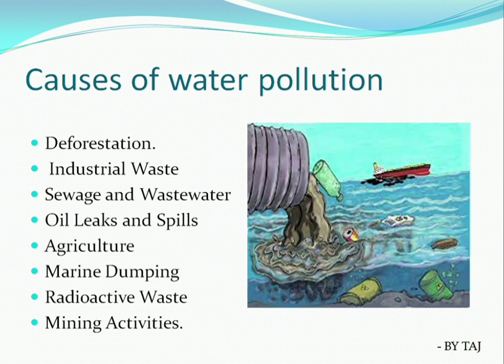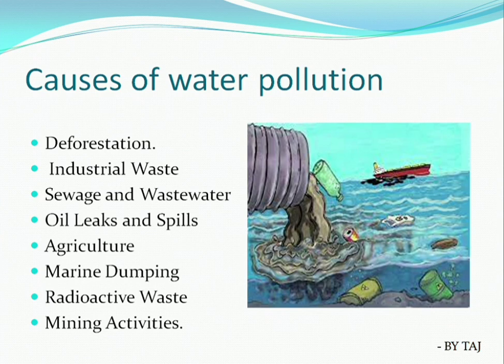In the industries, they do not filter that waste and release it directly into the water bodies, and the chemicals present in that waste material kill the organisms present in the water. Another point is sewage water, which is also directly released to the water bodies.